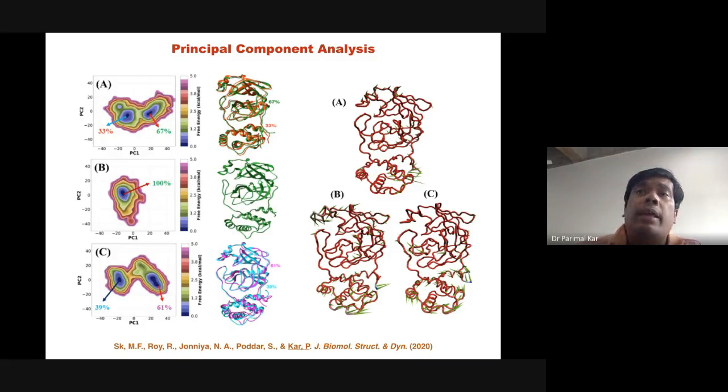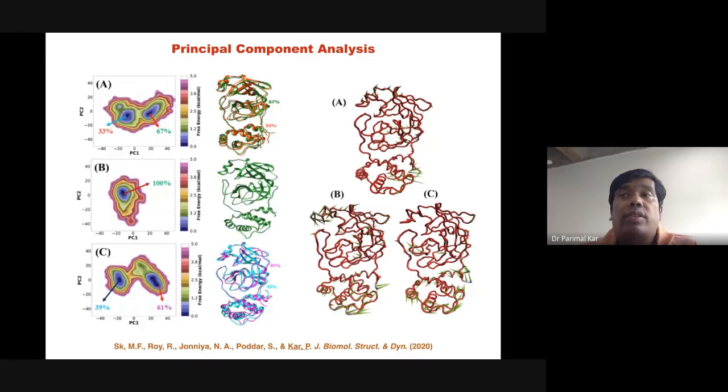If the protein is very flexible, it can have multiple conformations at room temperature, and X-ray crystallography gives you a snapshot of only one structure. So if you target that, it may not be the most probable structure. If you first do MD simulations and find out the most probable structure, and using that you dock and develop new drugs, that would be the best strategy.